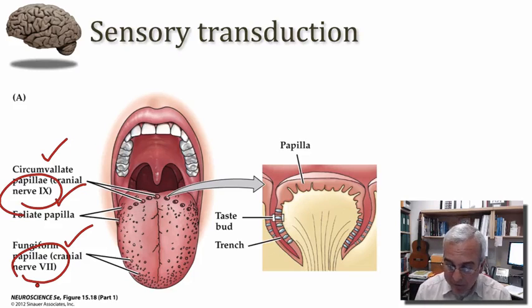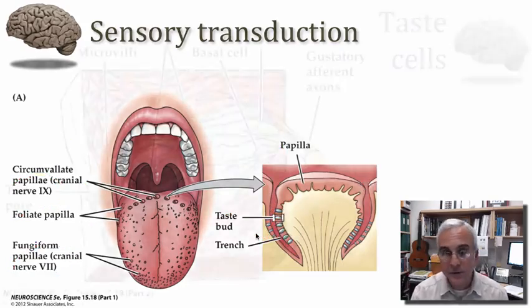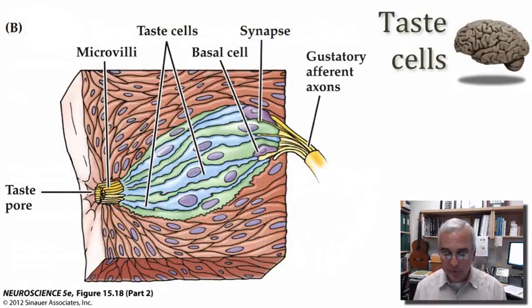So what we see is that there's a bit of a trench, so we can imagine that water-soluble tastants work their way into these trenches where they can interact with these taste buds, these specializations that we find in the lateral flanks of these trenches, and it's within those specializations that we find our taste cells. So here's a closer look at a taste bud. So this is the tissue that we find in the tongue.